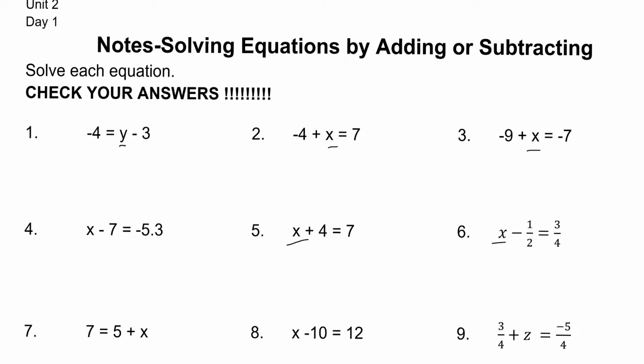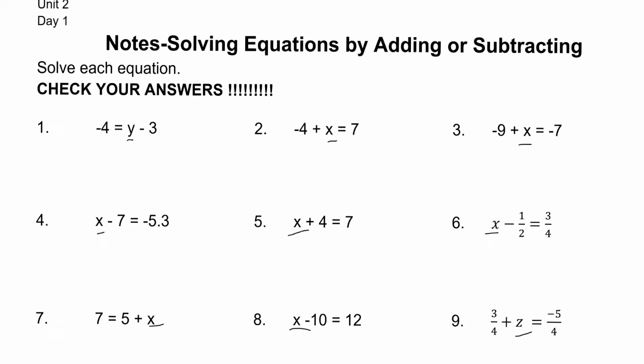So each of these that I'm underlining, those are variables, the letter. In order to isolate that, we have to get rid of everything on that side of the equal sign that's not the variable we're looking for. In the case of number 1, we're trying to get rid of the minus 3.